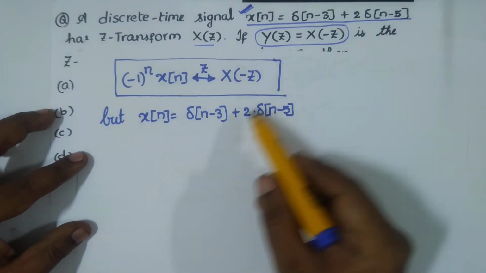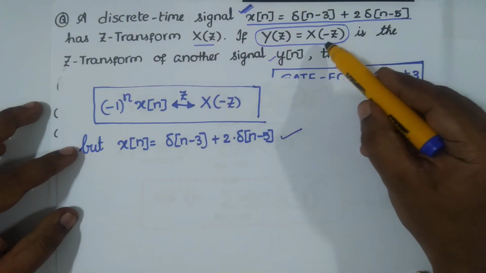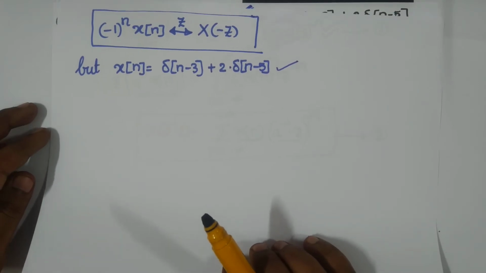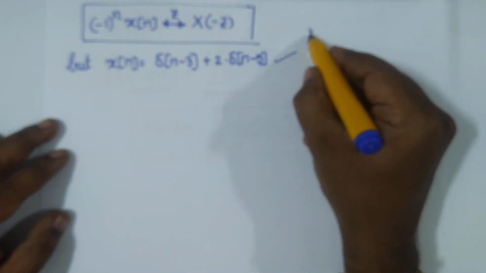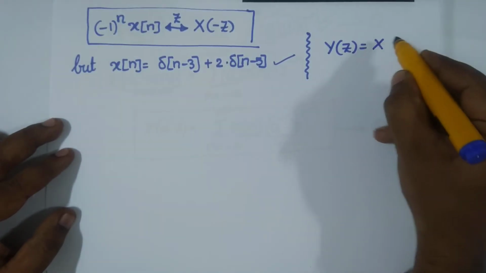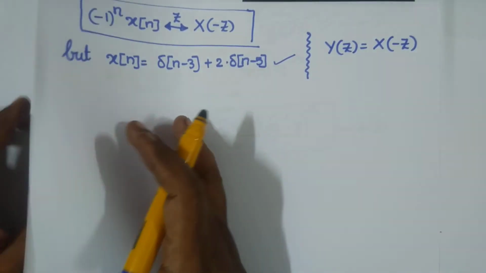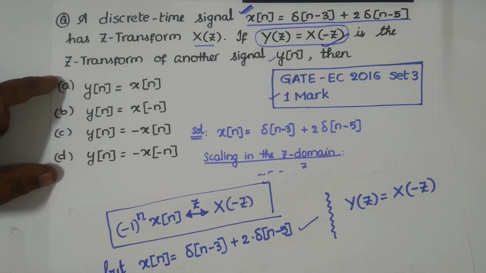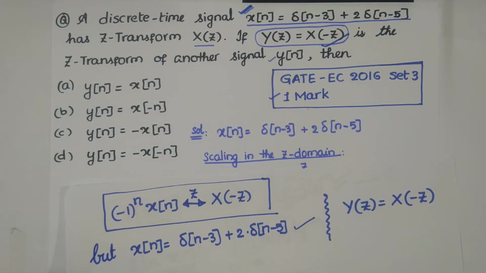Also given is y of z equal to x of minus z. Now what is the question? If this is so, what must be the correct option? We have to establish a link between y of n and x of n, since the options are all in y of n, x of n format.